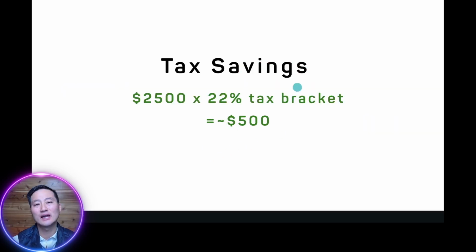So how does that translate into actual tax savings? $2,500 of additional deduction at her 22% tax bracket, which is just an assumption that I made, meant she paid $500 less in taxes, and she kept that in her pocket instead.